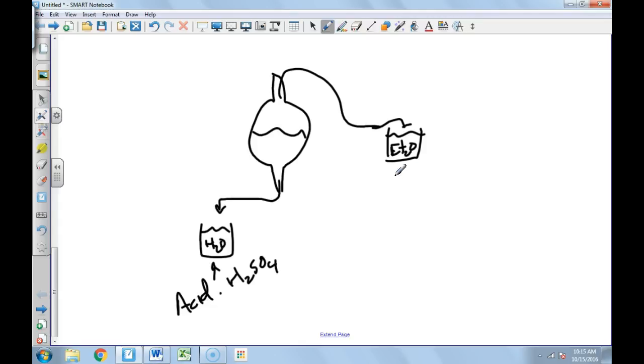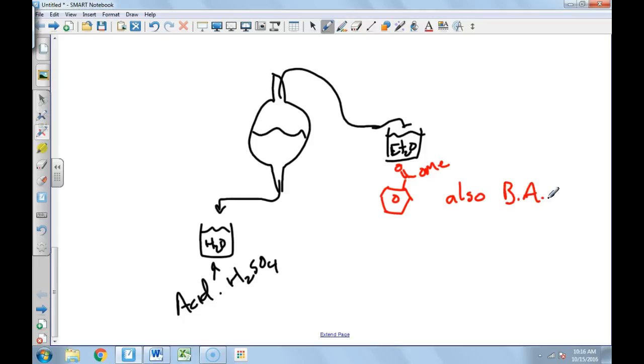Now in this layer here, and I'll do it in a different color, in this ether layer is now your methyl benzoate, but also your benzoic acid.